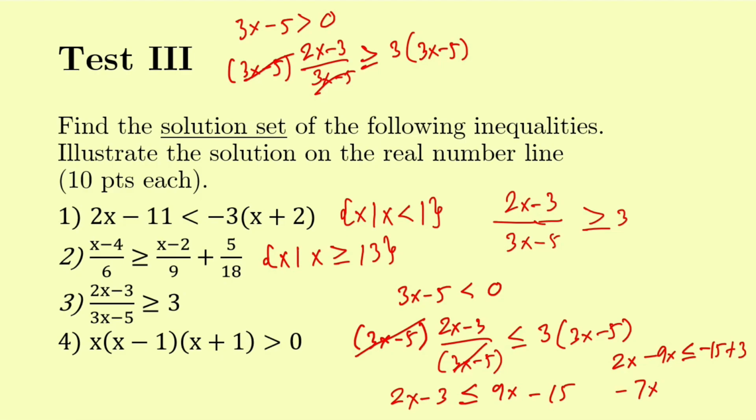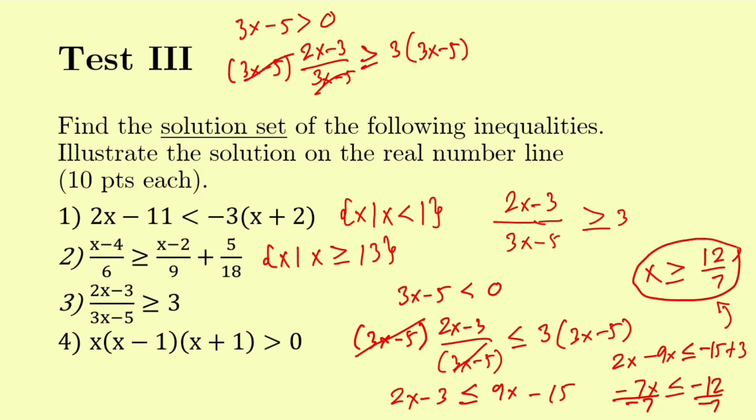Negative 7x is less than or equal to negative 12. Divide both sides, no, by -7. Ang result natin dyan is x is greater than or equal to 12/7.